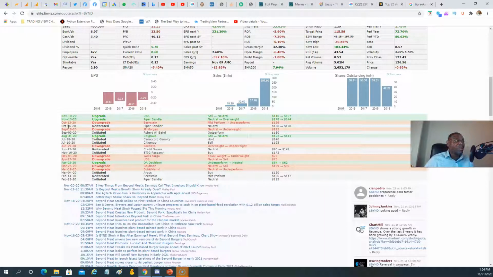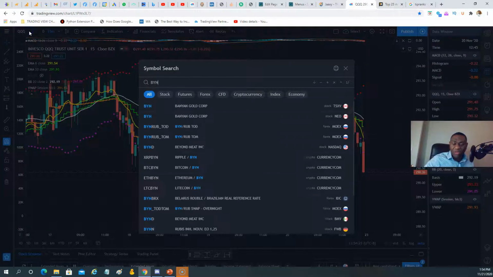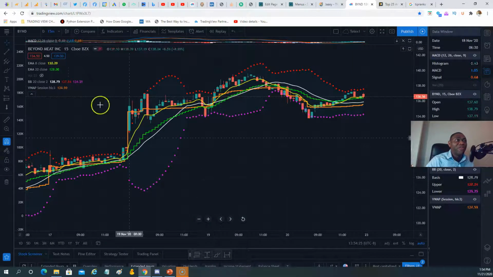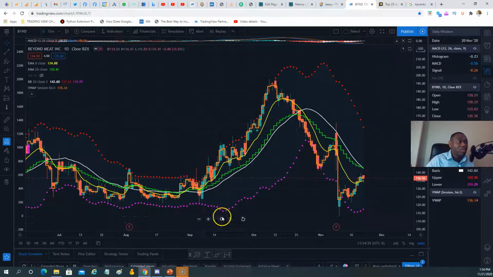Typically, upon a downgrade, we can go to the chart of B1, and on this day, September 18, I guarantee you that stock jumped down. Let's check September 18 on the daily chart.